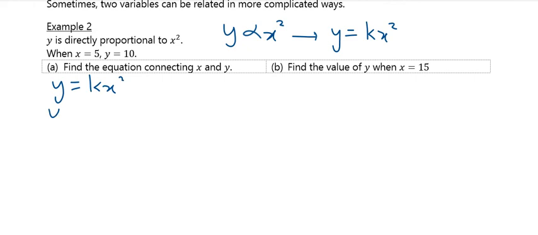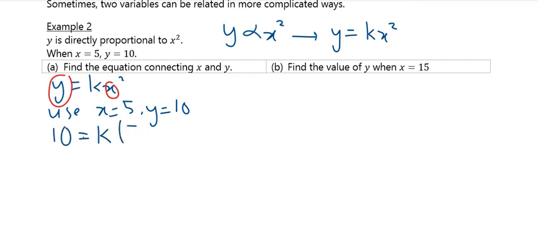So we use x equal 5 and y equal 10, and you substitute into the equation over here, and don't forget that x is squared. So 10 equal k times 5 squared. 5 squared means 25, so you have 25k.